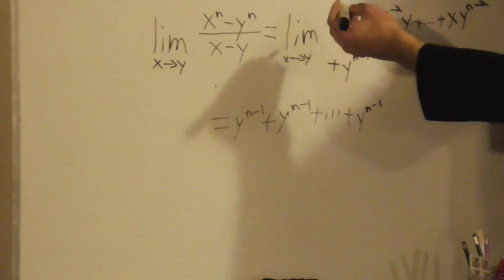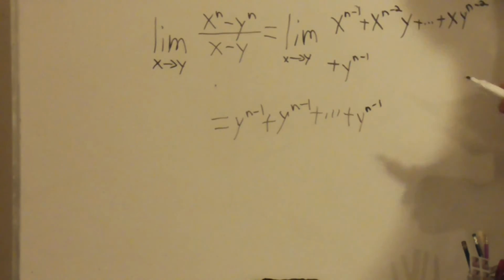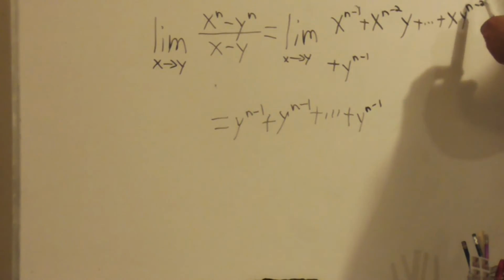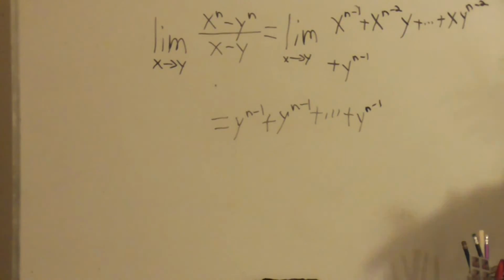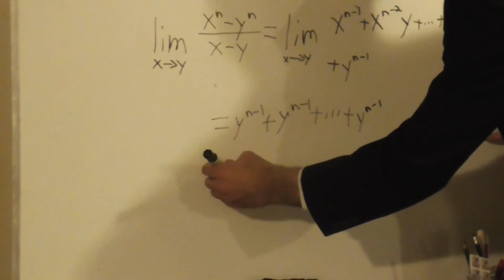Because if you see the way it works, once you replace x with y, it's always going to be y to the n minus 1. For example, here you have y multiplied by y to the n minus 2, that's y to the n minus 1. You just have that throughout the entire sequence, and you can test that on your own if you don't believe me. So then we have the answer.